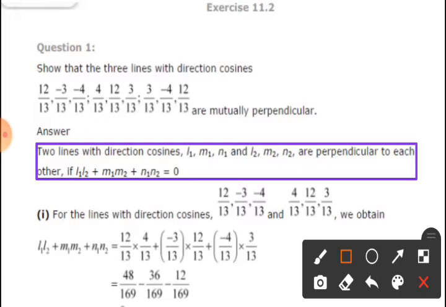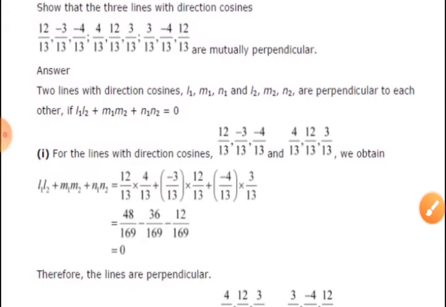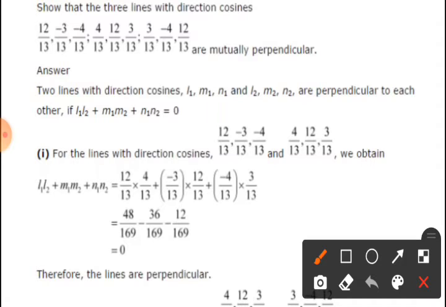First one, for the lines with the direction cosines 12 by 13, minus 3 by 13, minus 4 by 13 and 4 by 13, 12 by 13, 3 by 13, we obtain l1 l2 plus m1 m2 plus n1 n2.